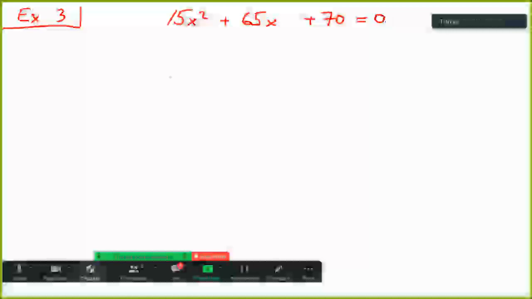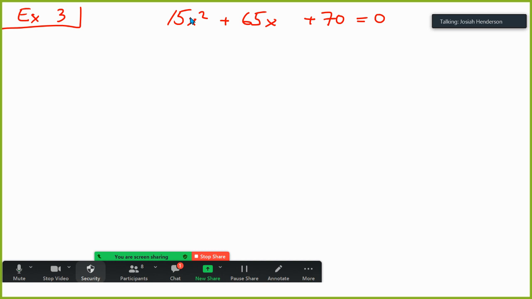Now, check and see if you can divide everything by 15. Let me grab a calculator. Okay, so 65 divided by 15 doesn't work.